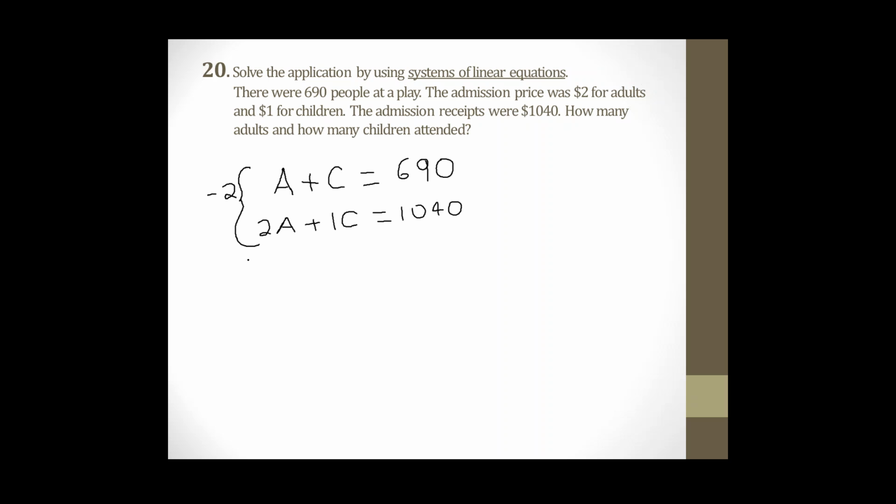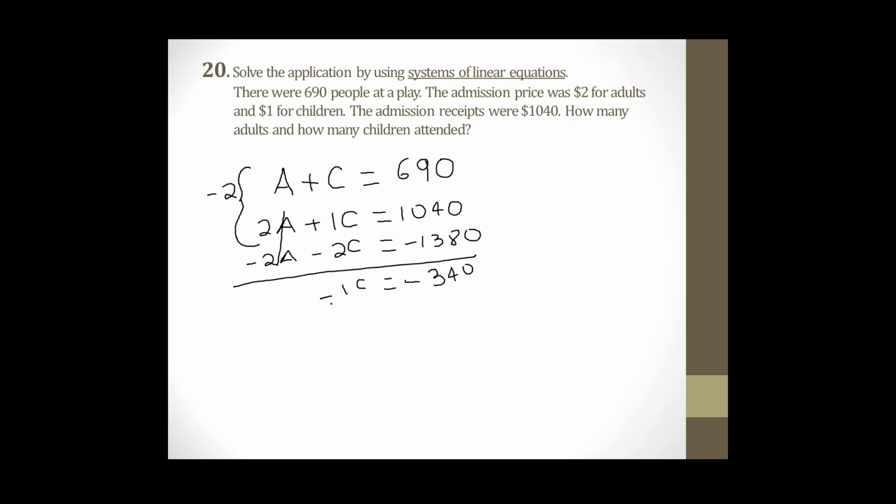All right, so then I'll have -2A minus 2C equals negative 1380. Draw my line, cancel. So here I get negative 1C equals, if I subtract these two, I'm going to get a negative answer, negative 340.